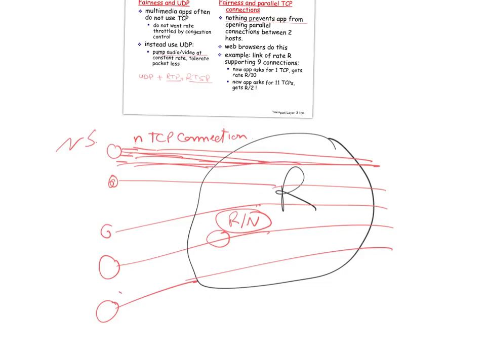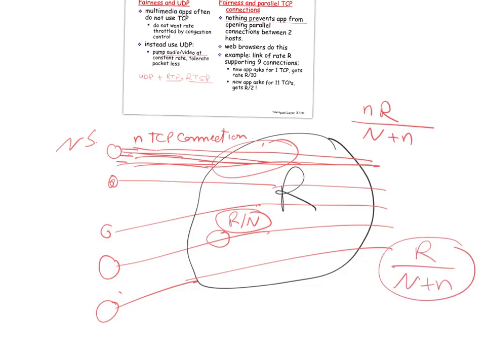What would be the rate that this application will see? n times R over big N plus small n. Bravo. Where did this come from? So this application gets n times R divided by big N plus small n, and the others will have R divided by capital N.